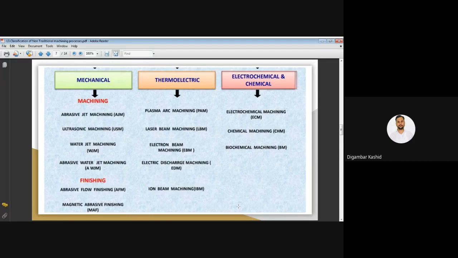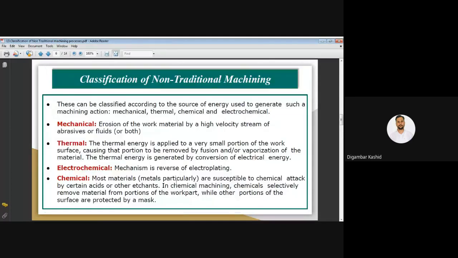Within 1 minute, please write down. This is important. Have you got this point?